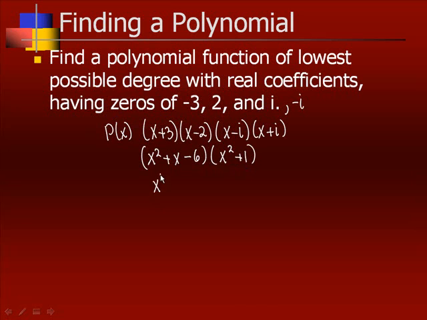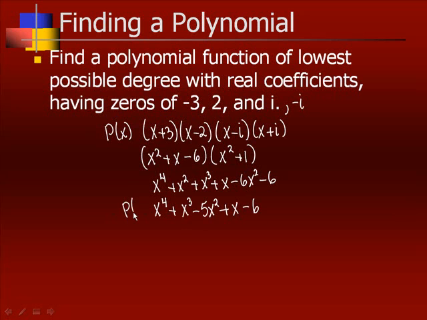So from there we would get x to the 4th plus x to the 2nd plus x to the 3rd plus x minus 6x squared minus 6, or rearranging, x to the 4th plus x to the 3rd minus 5x to the 2nd plus x minus 6. And this would be our polynomial function.